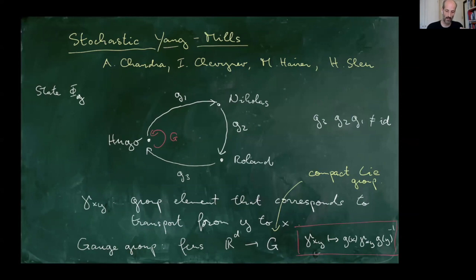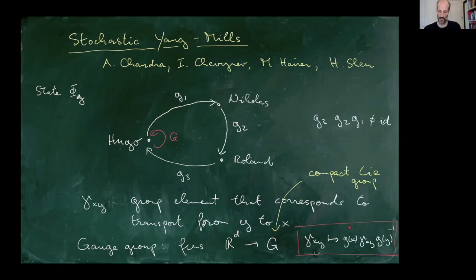Because that tells you that if you first act on phi with your gauge group, so you turn phi of y into g of y applied to phi of y, and then you transport it to x with the transformed connection, then what does it do?